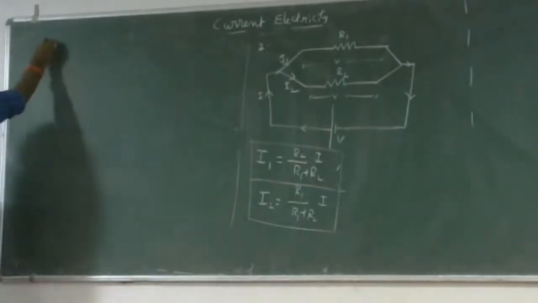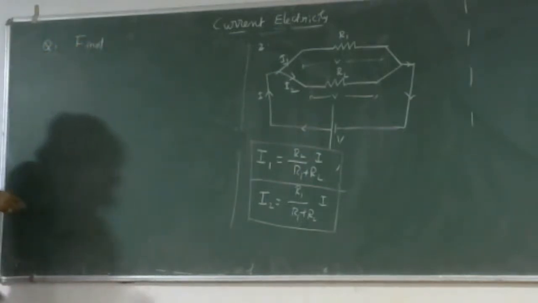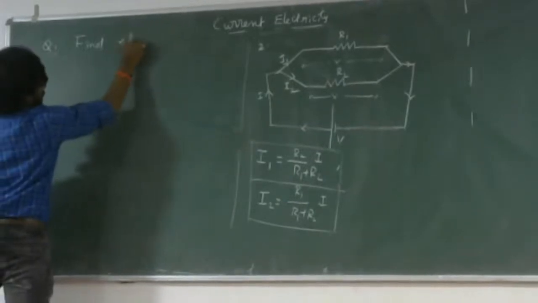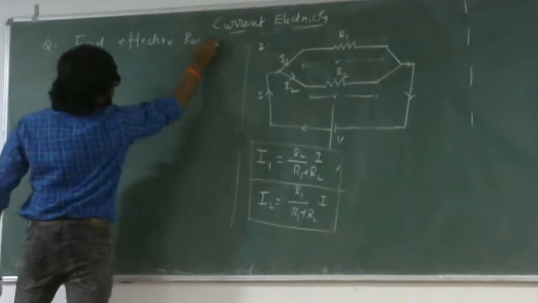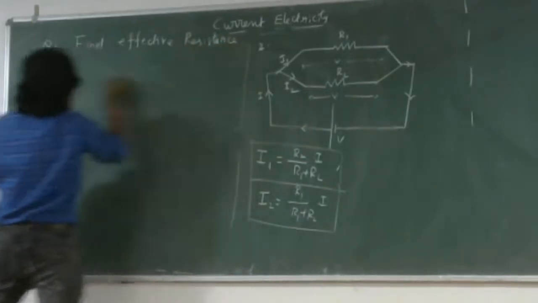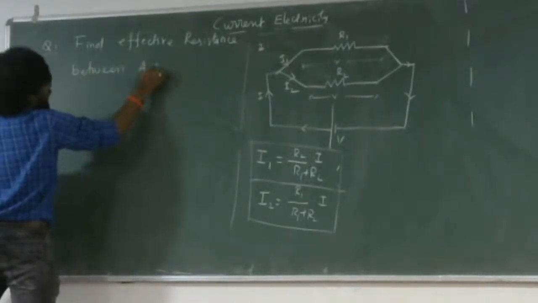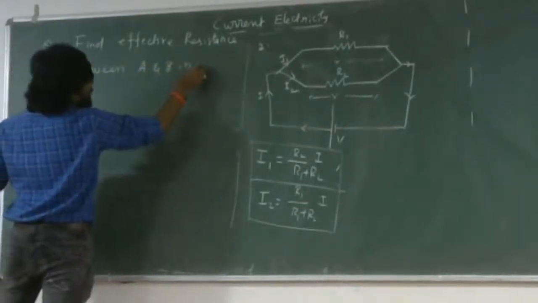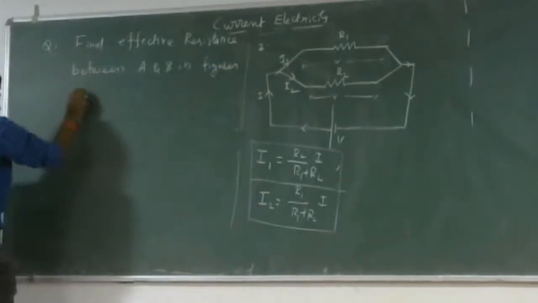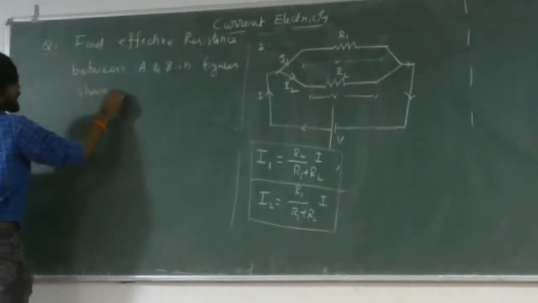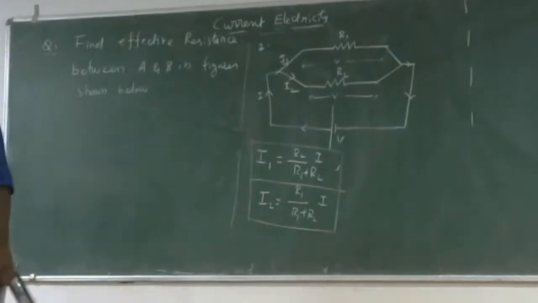The question is: find the effective resistance between A and B in the figures shown below. This is the common question for all the questions which we are going to work out now.